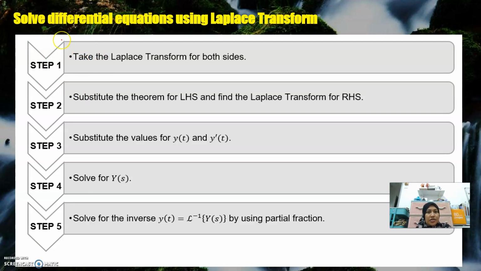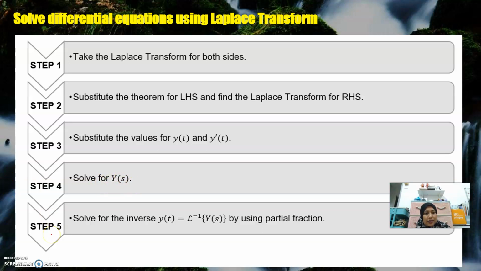Okay, solve differential equation using Laplace transform. Step 1, take the Laplace transform for both sides. Step 2, substitute the theorem for left hand side and find the Laplace transform for right hand side. Step 3, substitute the values for y(t) and y prime t. And step 4, solve for Y(s).